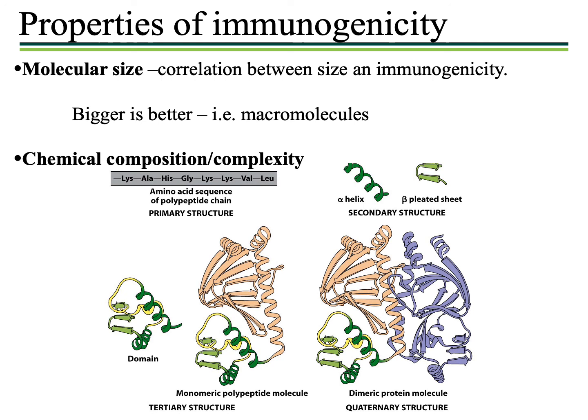Carbohydrates can elicit an immune response, but are less effective. They typically have simpler structures, but can be more effective if they are linked to a protein. Same thing with lipids, in that lipids tend to be less immunogenic as well unless they are linked to a protein.